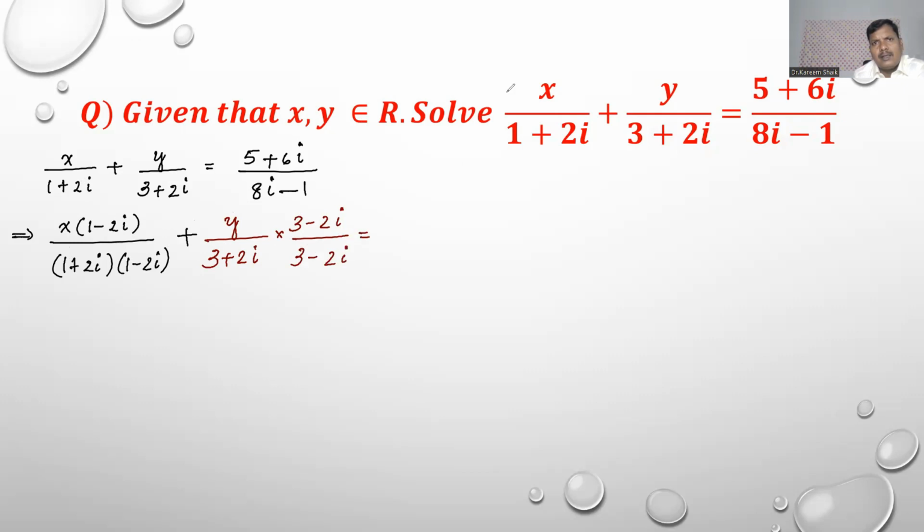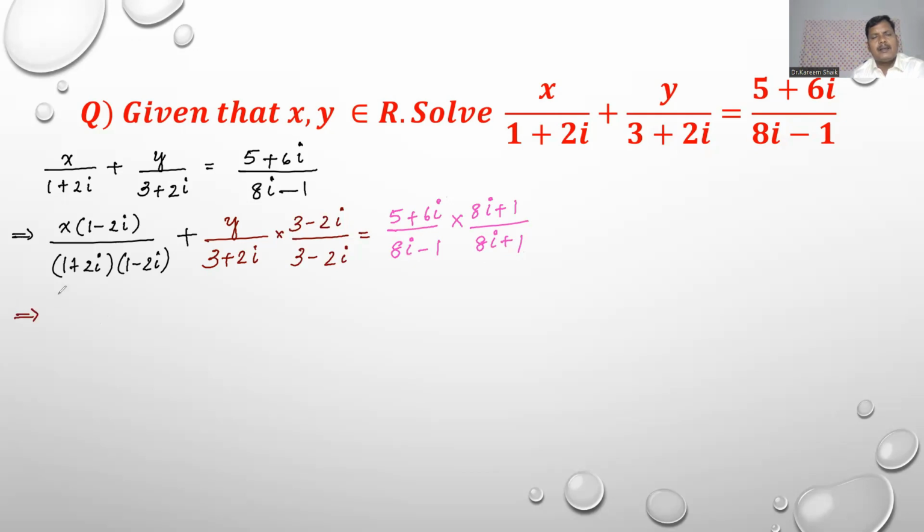Equals, what is your right side value? 5 plus 6 iota upon 8 iota minus 1. So you have to multiply by 8 iota plus 1 upon 8 iota plus 1. Now what will it become?